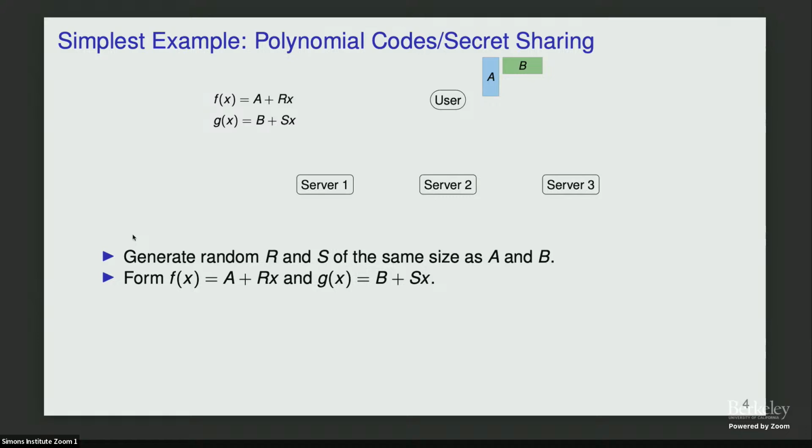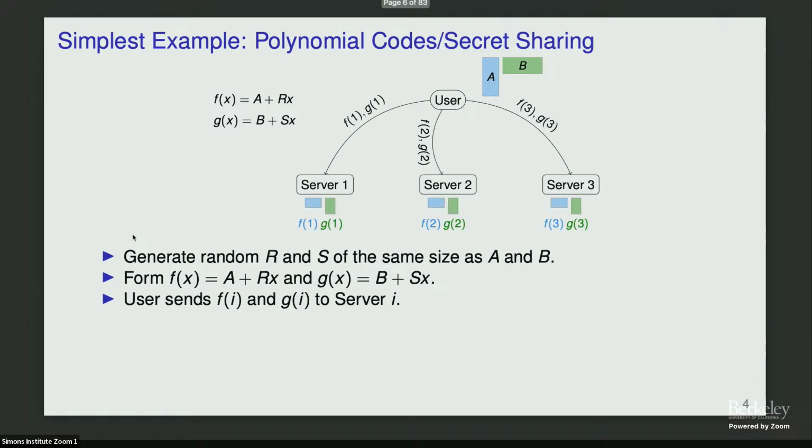The x you can think of as a scalar, so the user will send evaluations of these polynomials to each one of the servers. So server one gets A plus R, B plus S. He doesn't learn anything about the matrices A and B because they are essentially padded by these completely random matrices R and S. The servers are going to multiply these things and send them back to the user. When the servers do this, it's as if they are evaluating another bigger polynomial, which is the multiplication of these two polynomials.